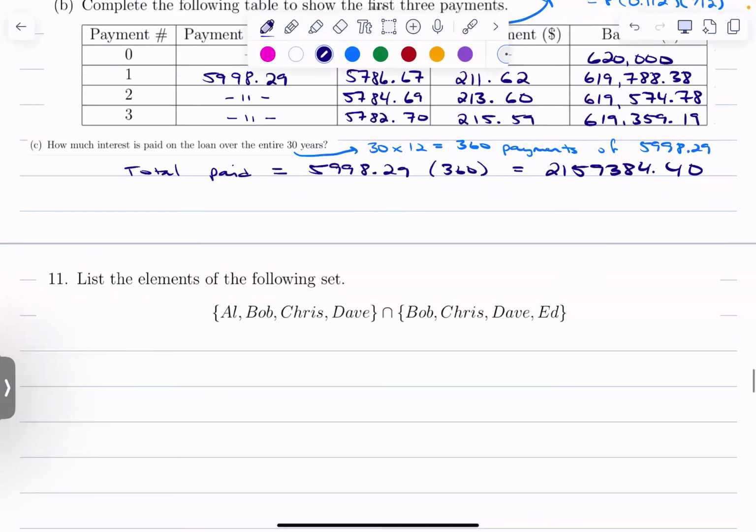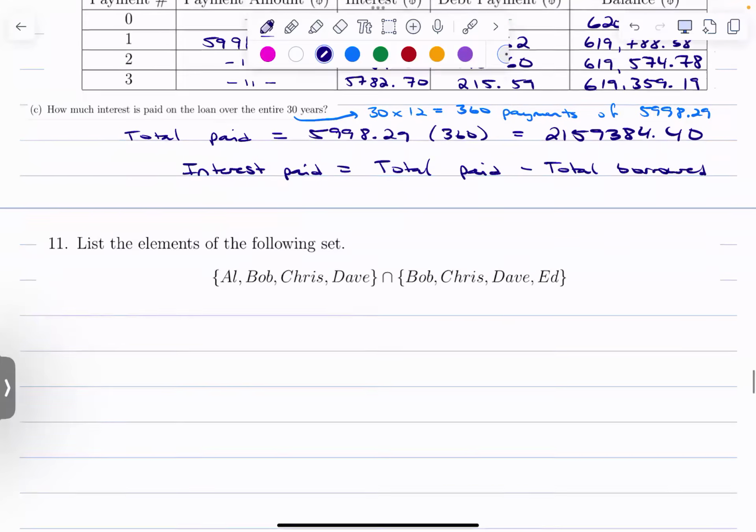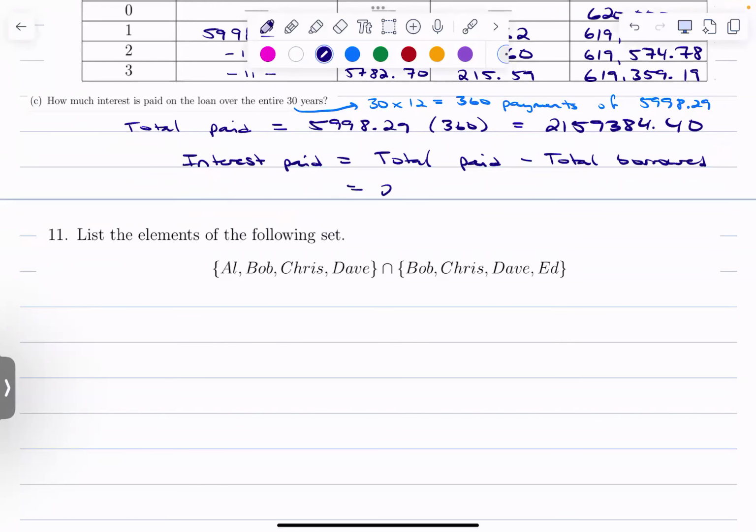And so interest paid is going to be the total paid minus borrowed, which is 2,159,384.40 minus $620,000.